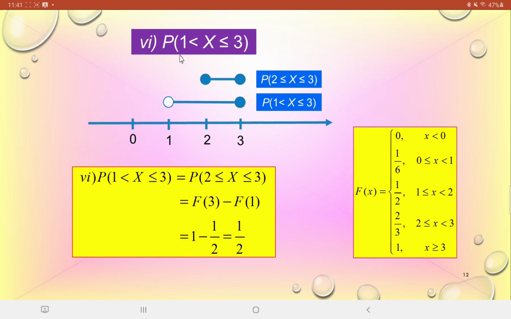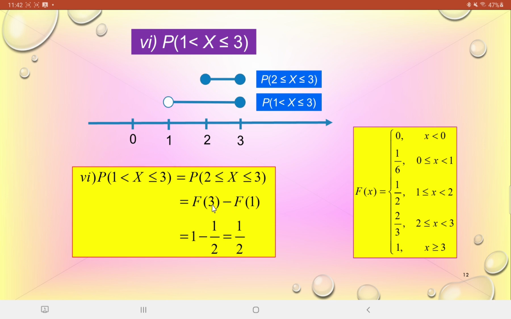Next question. Find the probability x more than 1 and less than or equal to 3. Probability x more than 1 and less than or equal to 3 is probability x more than or equal to 2 and less than or equal to 3.